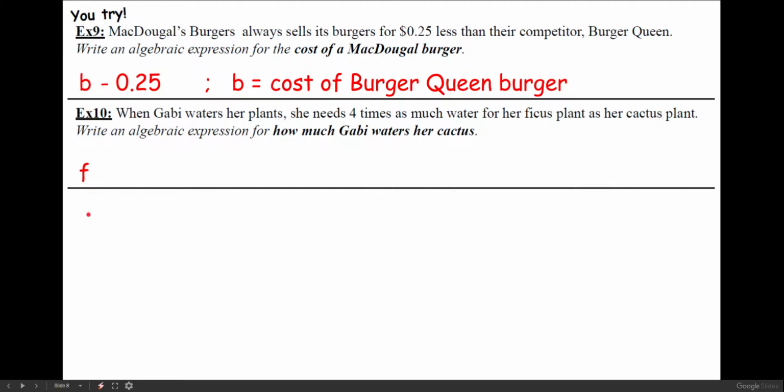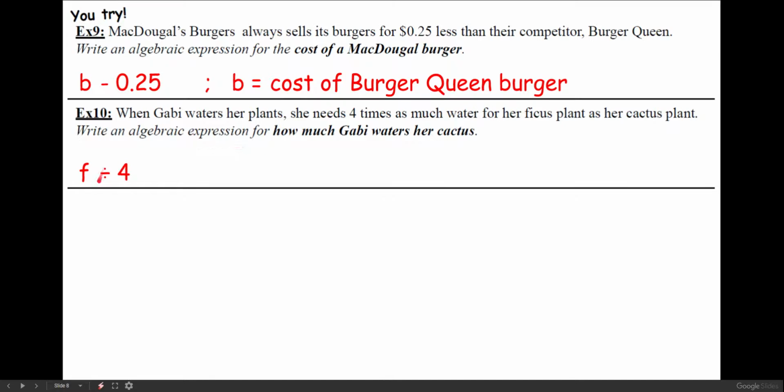The opposite of 4 times more would be 4 times less, and the opposite of multiplying is dividing. So if you take how much water she uses for her ficus, let's say it's 4 gallons, you divide that by 4. 4 divided by 4 gives you 1 gallon. So she uses 1 gallon for her cactus and 4 gallons for her ficus, and that would make sense.